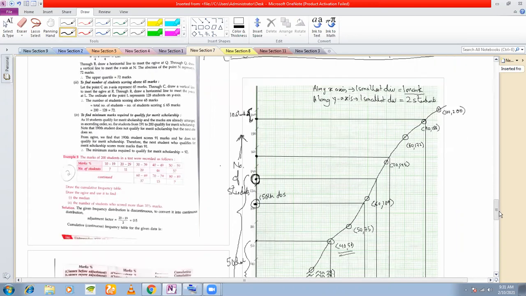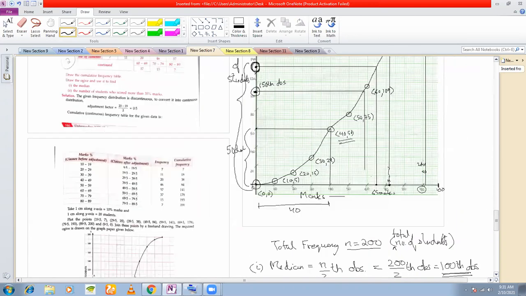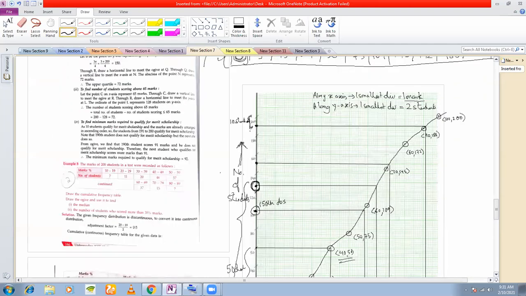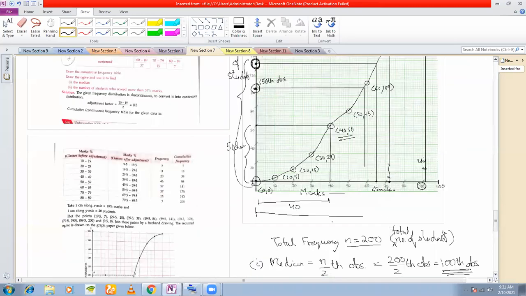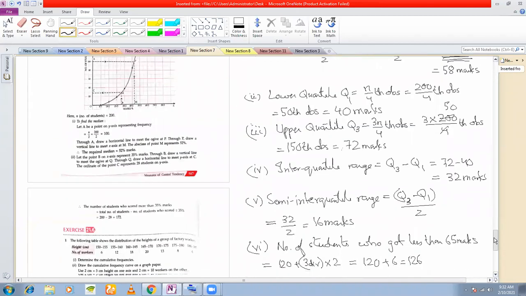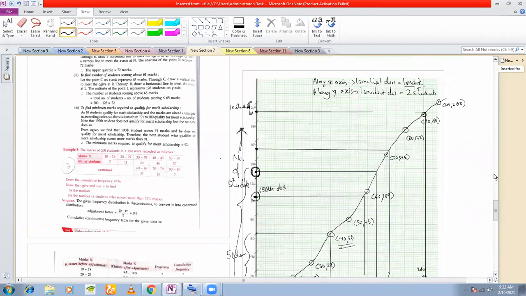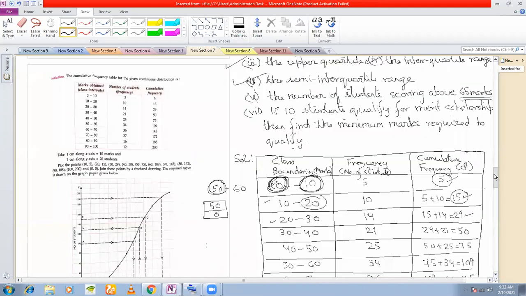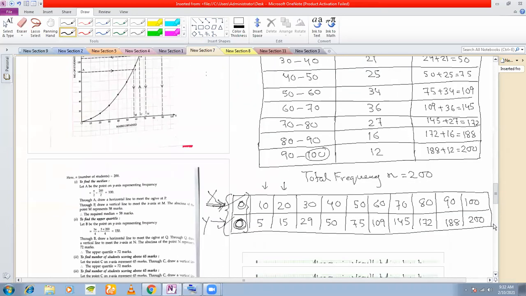So the number of students who got less than 92 marks is this part, and the number of students who got more than 92 marks is this part. This is the part that will give you the requirement for the merit scholarship. Not percentage, minimum marks for the merit scholarship.